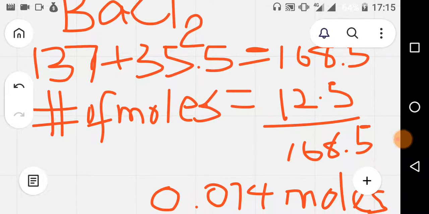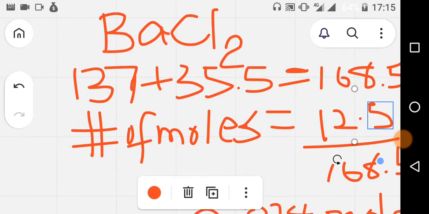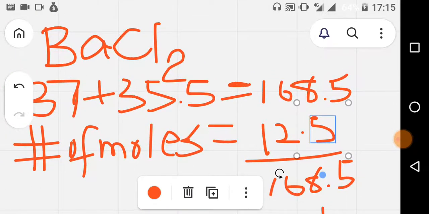All right. So the molar mass of barium is 137, and the molar mass of chlorine is 35.5.